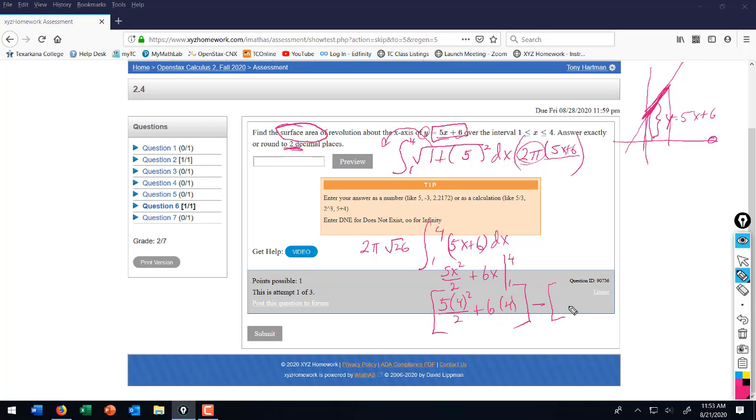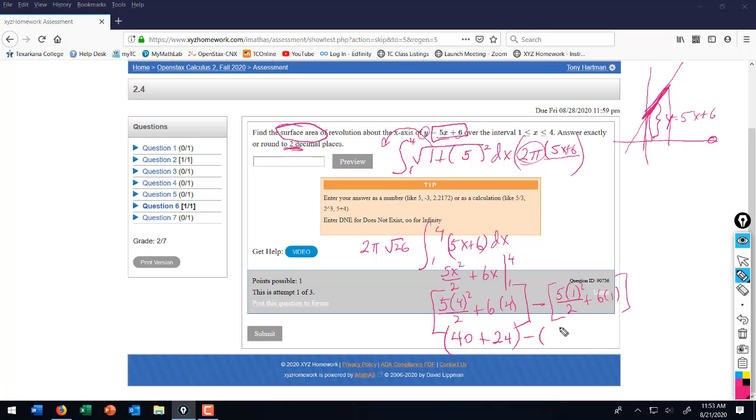Substituting the 1, that would be a 5 times 1 squared over 2, and 6 times 1. So we've got 5 times 16 over 2, which is 5 times 8, plus 4 times 6.